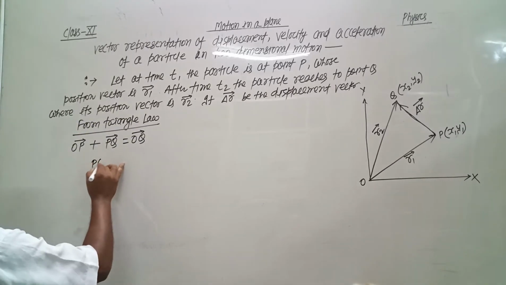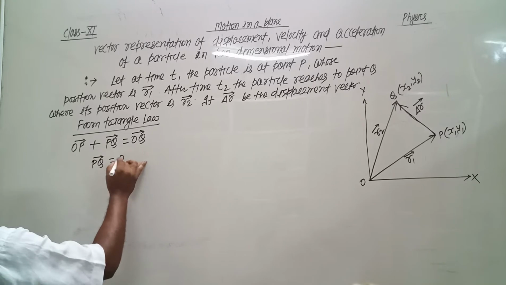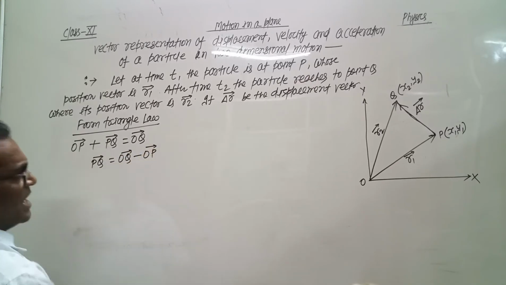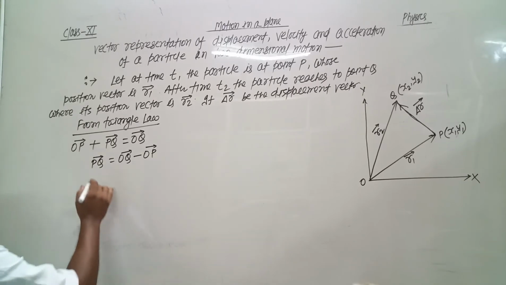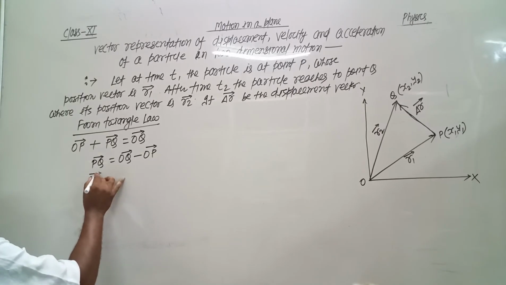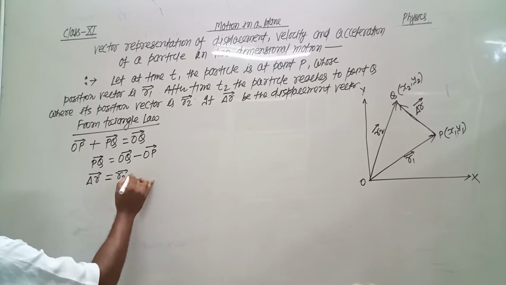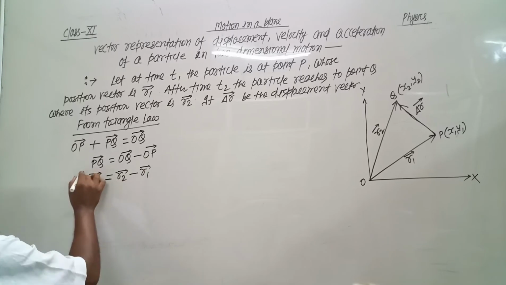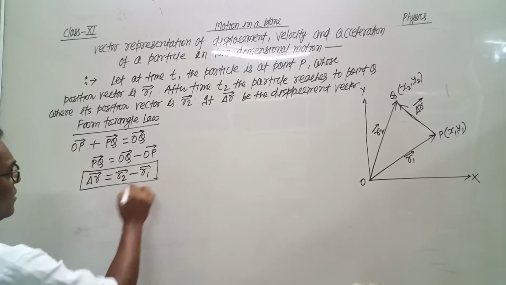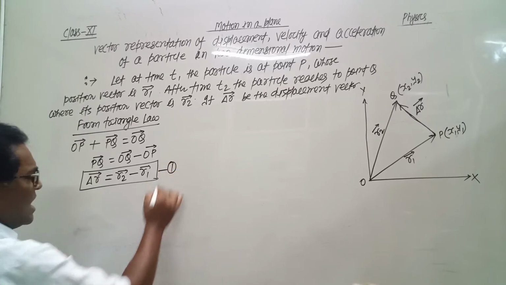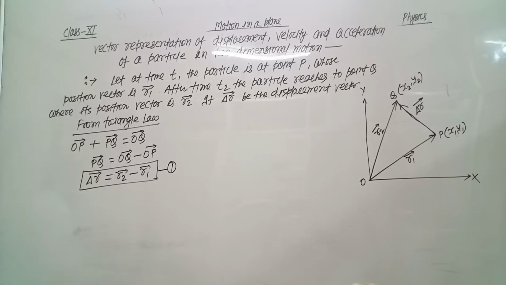Vector PQ is given by OQ vector minus OP vector, and PQ vector is represented by delta r vector, OQ is vector r2 and OP is vector r1. So this is the expression for the displacement vector: delta r vector equals r2 vector minus r1 vector.